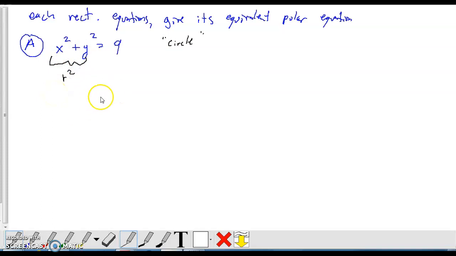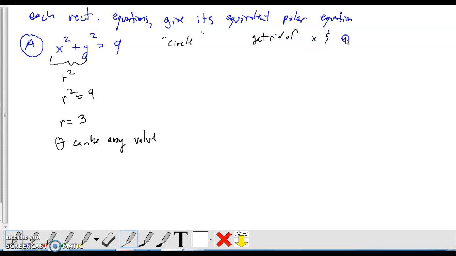So I know that r squared is equal to 9. So r is equal to 3, where theta can be any value. Basically, I'm getting rid of what makes it rectangular, getting rid of x and y. I did it. So just r is equal to 3.